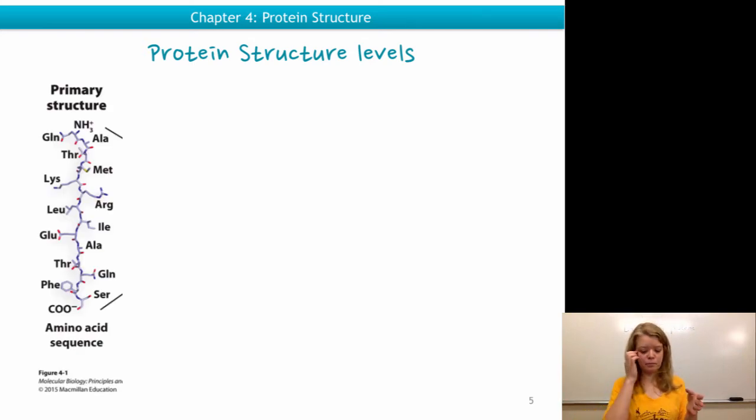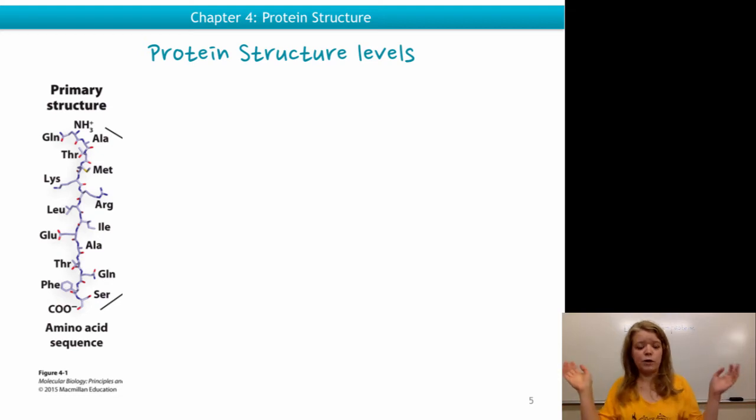The first level of protein structure is the primary structure of the protein, aka the arrangement of amino acids along the polypeptide chain. The arrangement of the amino acids is super important because the primary structure, how the amino acids are arranged in the polypeptide sequence, will determine all the subsequent structures.